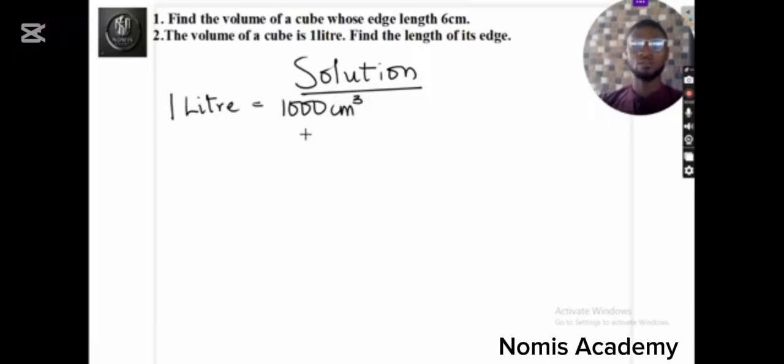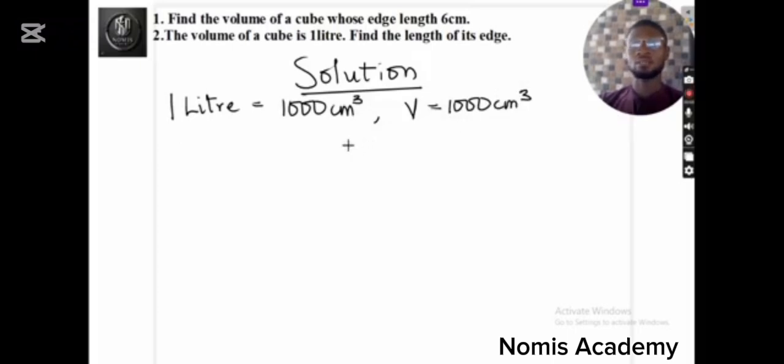So that is the value of 1 liter. Since 1 liter is equal to 1000 centimeter cube, we are saying that the volume of the cube is 1000 centimeter cube. So I can take that as my V. V is equal to 1000 centimeter cube.